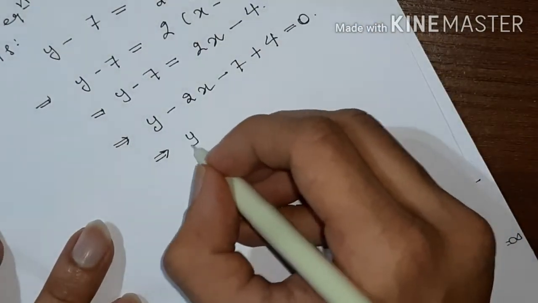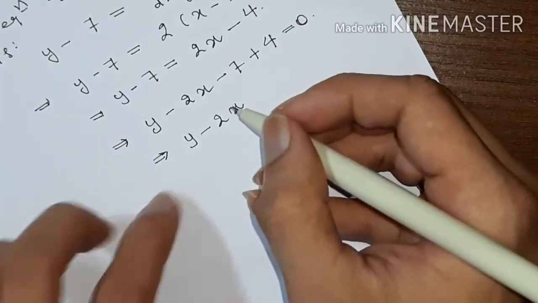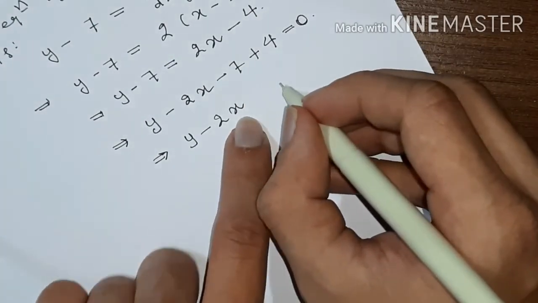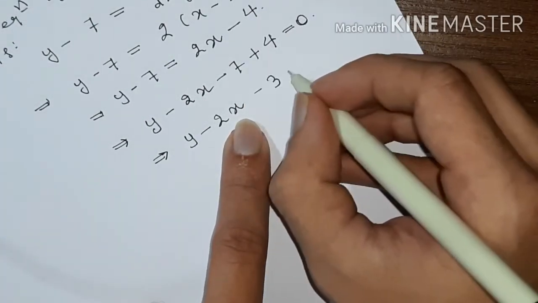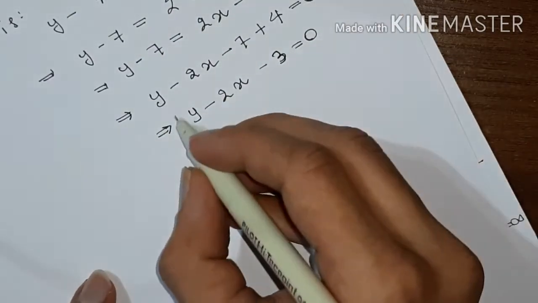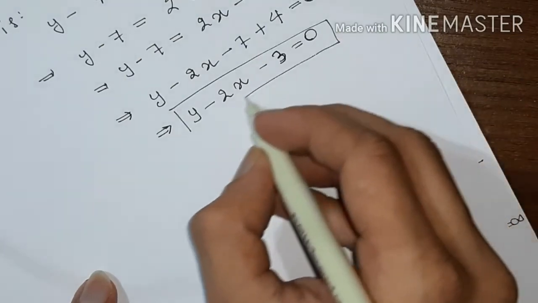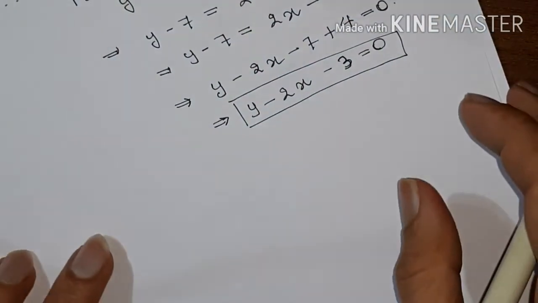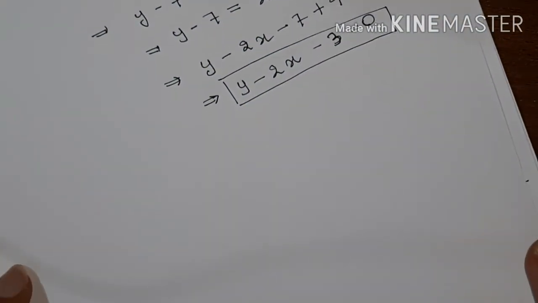So y minus 2x minus 3 equal to 0. This is the equation of the tangent line for sub problem A.